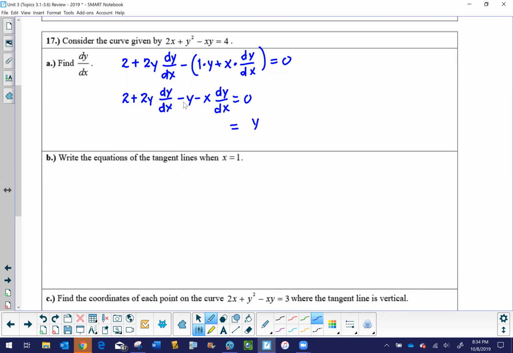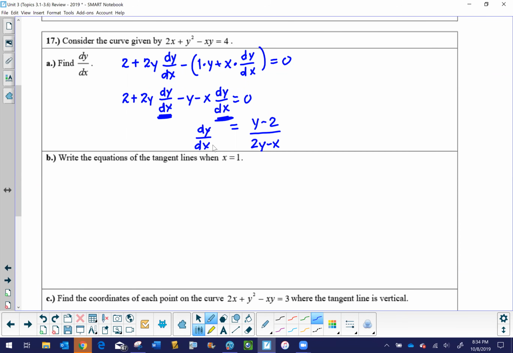I'm going to move the 2 over, subtracting it. And then you guys can probably see that there's a 2y minus x that would be left once you've factored out the dy dx. Does that seem logical, guys? So that's what you would have on the right side. So we have found our derivative.